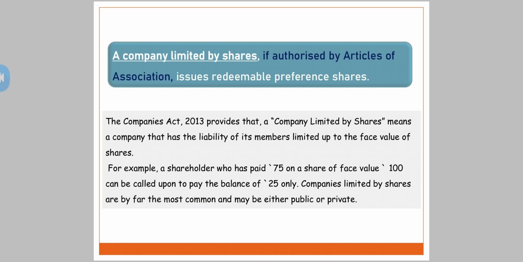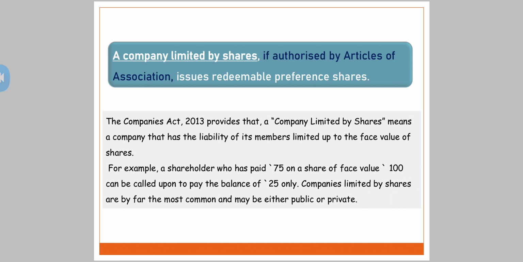For example, a shareholder who has paid 75 on a share of face value 100 can be called upon to pay the balance of 25 only. Companies limited by shares are by far the most common and may be either public or private. This is just for your understanding.